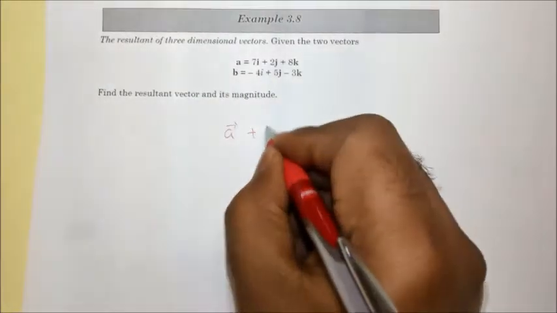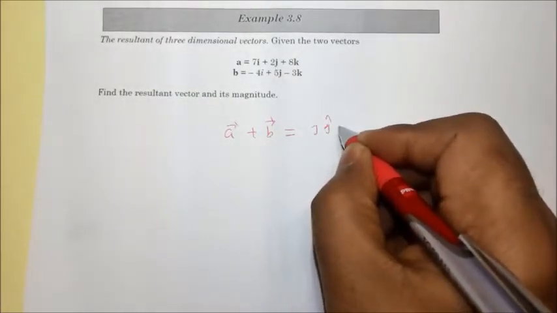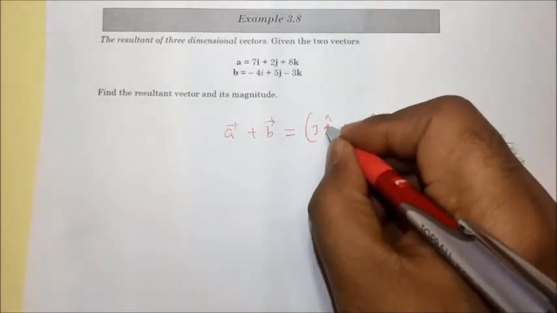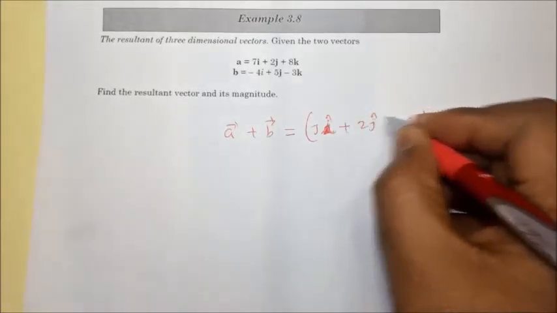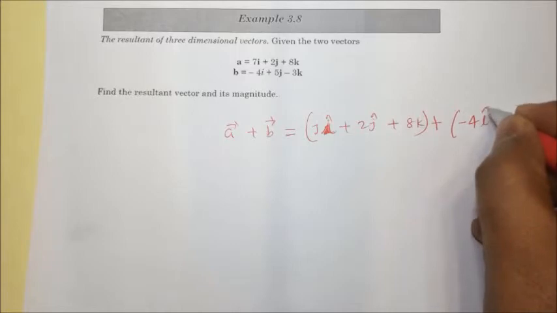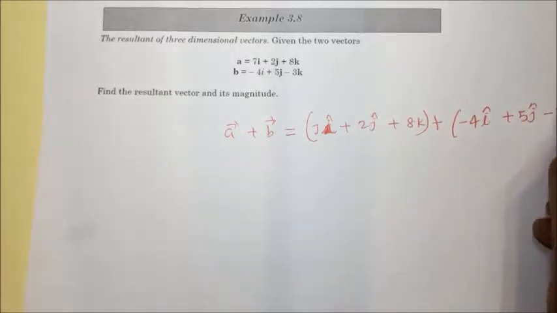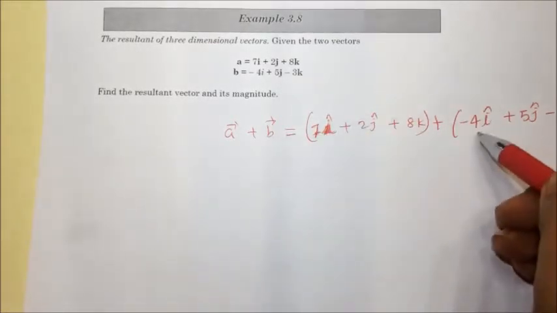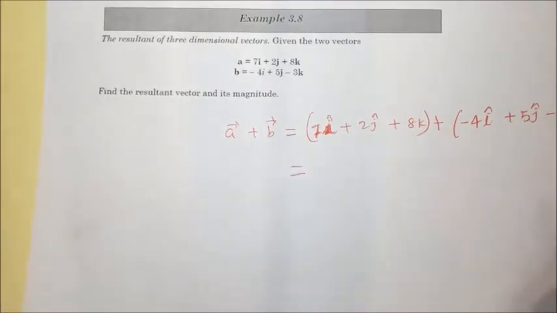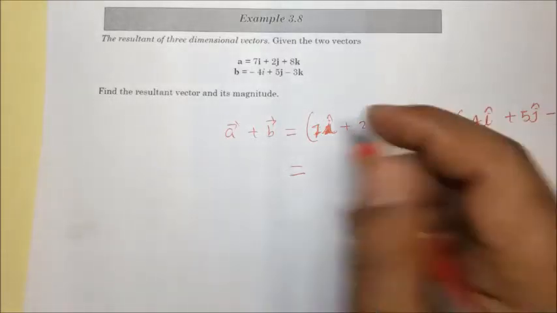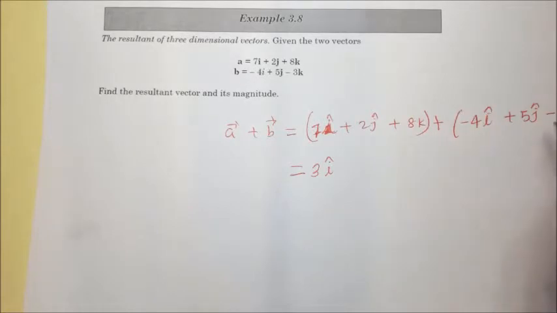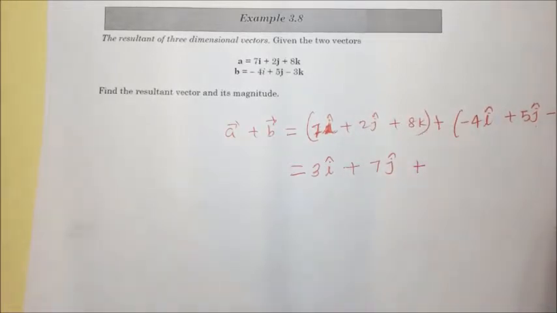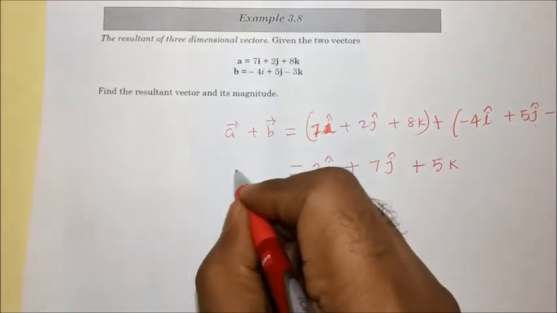So vector A plus vector B is going to be 7i plus 2j plus 8k plus minus 4i plus 5j minus 3k. 7i and minus 4i gives 3i. 2j plus 5j is 7j. 8k and minus 3k gives 5k. This is vector A plus vector B.